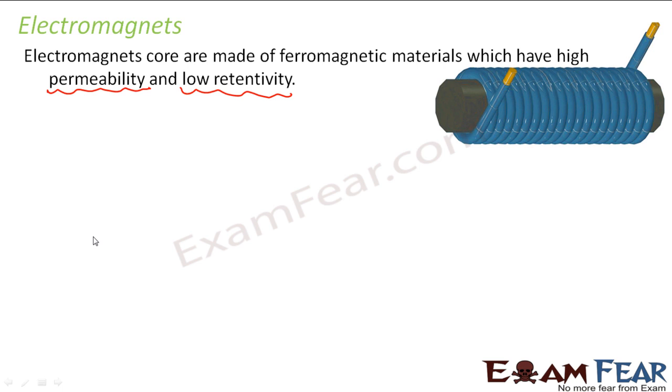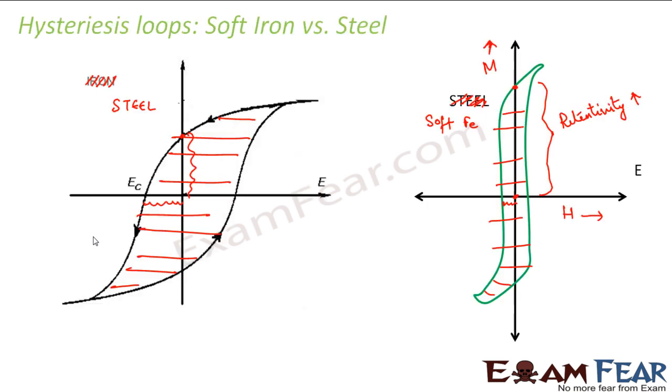So, which material would be a better choice for electromagnets out of steel and iron? In this case, I want better permeability, low retentivity. At the same time, I want less hysteresis loss. So when I talk of less hysteresis loss, I need a lesser area of the hysteresis loop.